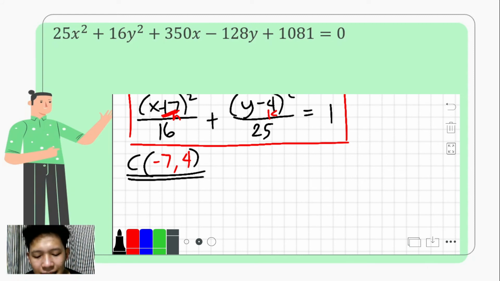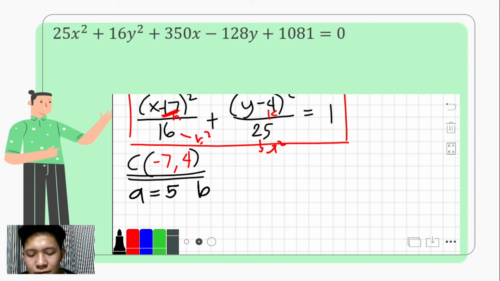Okay? And then, since the value of 25 is larger than 16, hence our a is under y. So, this is a squared and this is b squared. Hence, the value of a would be equivalent to the square root of 25, that is 5. And the value of b, the square root of 16, that would be 4.